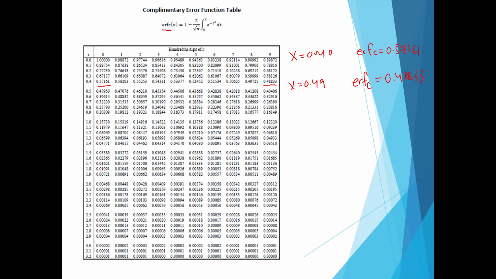Or if you refer to the second table, the complementary error function table, 0.40 will produce this value directly. If you ask me, it is better to use the second table because you can get the answer directly. But this example wants to show you what we should do if we use the first table.